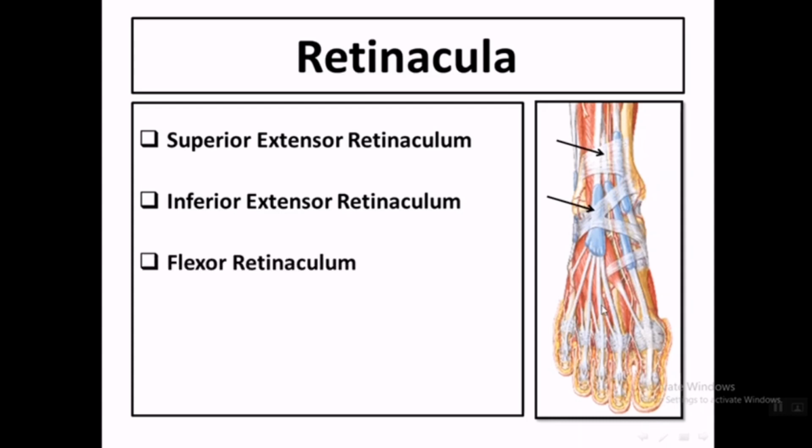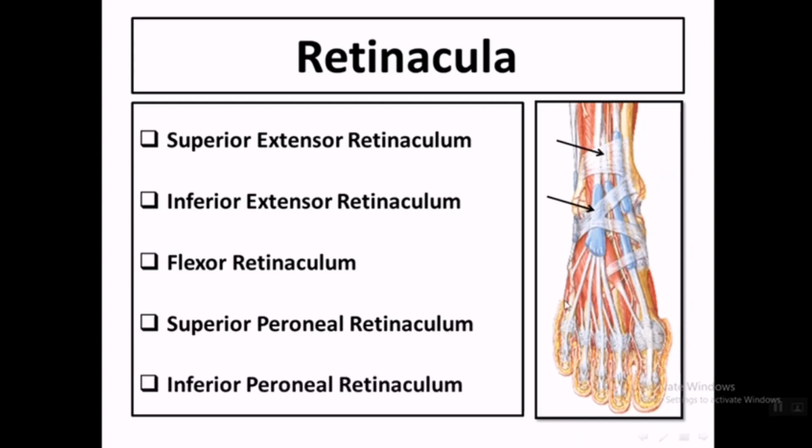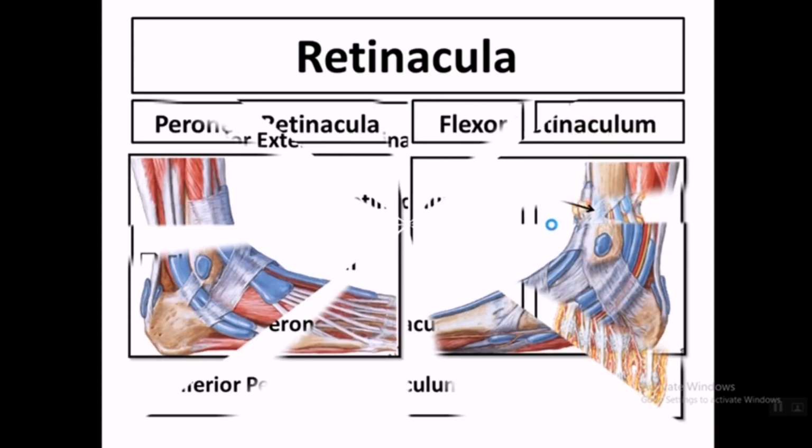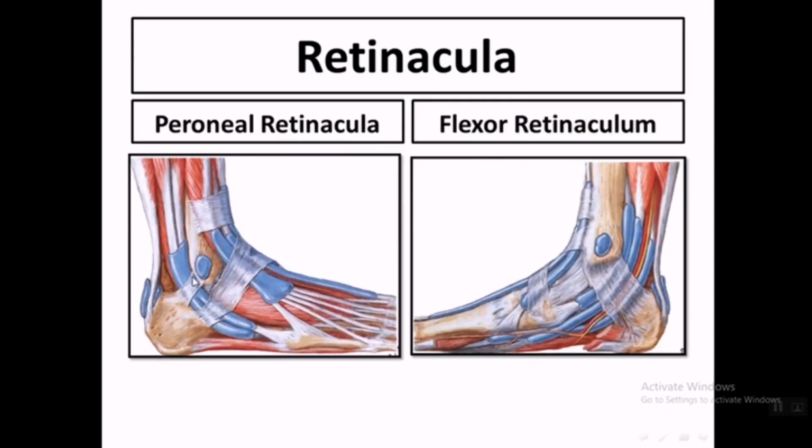We have the flexor retinaculum medially, and we have the superior peroneal and inferior peroneal retinaculum on the lateral aspect of the ankle region. Here we can see laterally the superior peroneal retinaculum extending from the lateral malleolus to the lateral surface of the calcaneum, and we have the inferior peroneal retinaculum extending on the lateral aspect of the calcaneum holding the tendons of peroneal muscles in position.